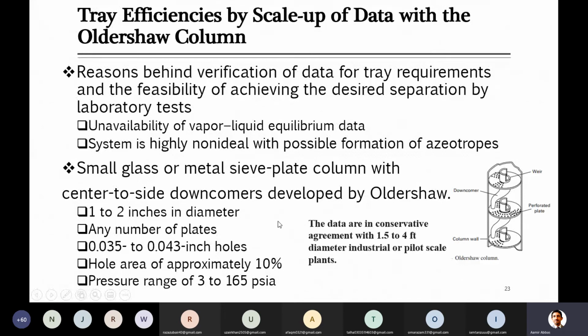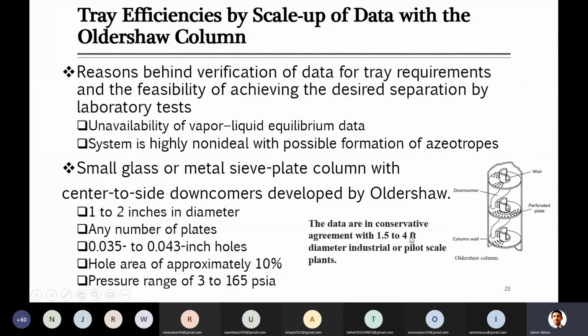The data developed and observed with this kind of column is in good agreement with 1.5 to 4 feet diameter industrial or pilot scale. Suppose you did some separation in such a small column and then installed a big column up to 4 feet diameter, ranging from 1.5 feet to 4 feet.